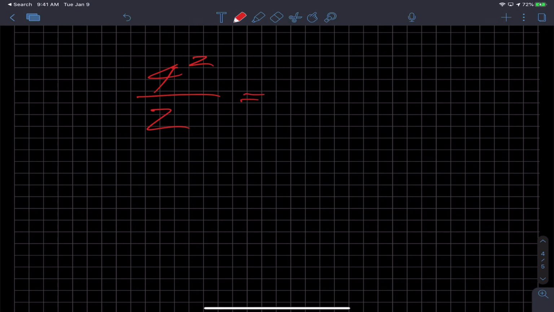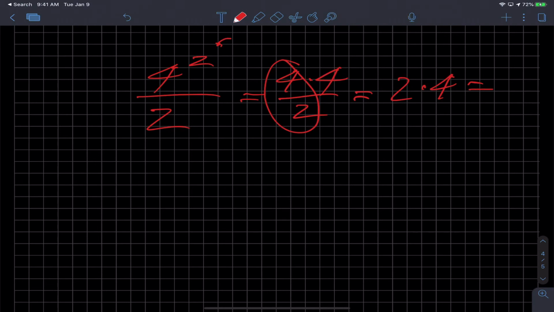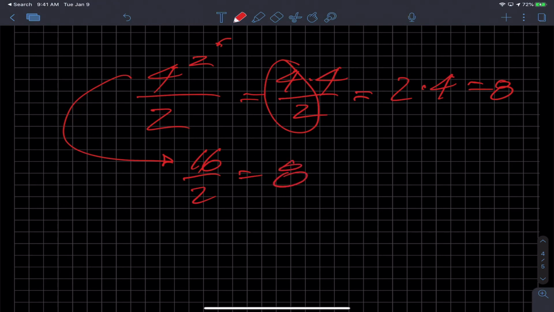I might need to expand this numerator, and let's say 4 squared means this, of course, and then maybe I can divide this and get 2 times 4, which is 8. Or if you prefer, since most of you probably go, well, 4 squared is 16, and then I can just get 8. Perfectly fine. All right?